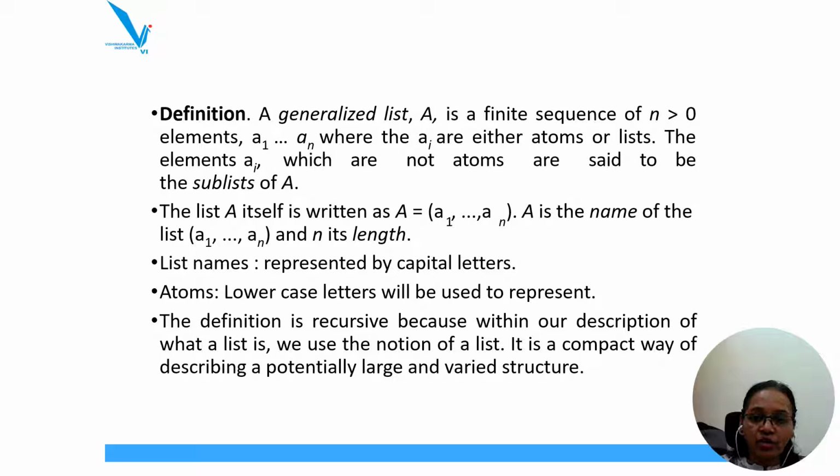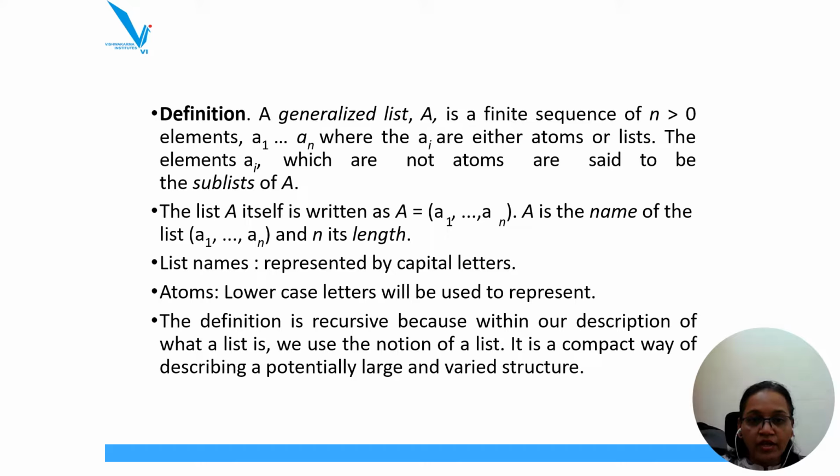It means that in your list there are n elements, and every individual element can be an atom or it can be a list in turn. List of lists can be the generalized linked list.